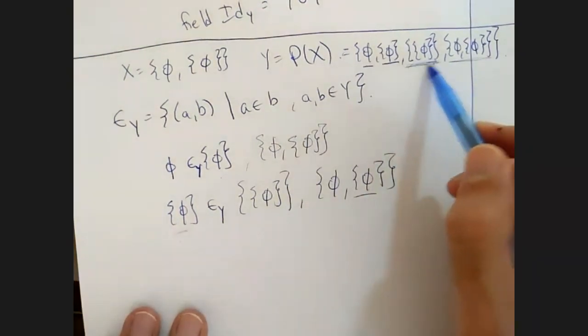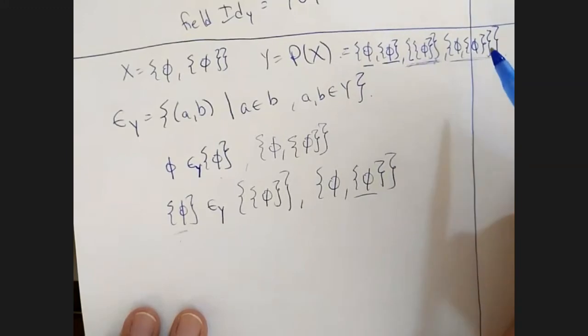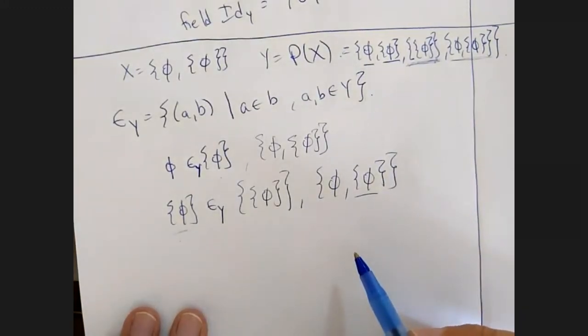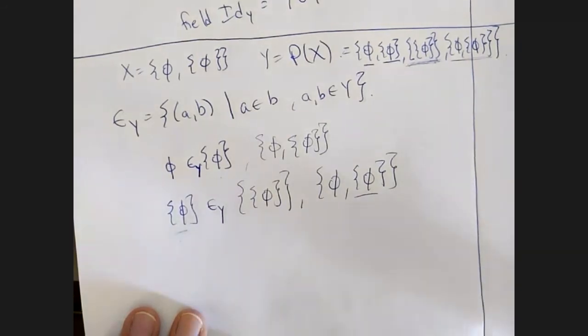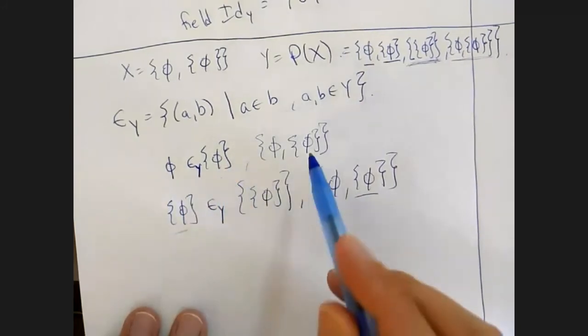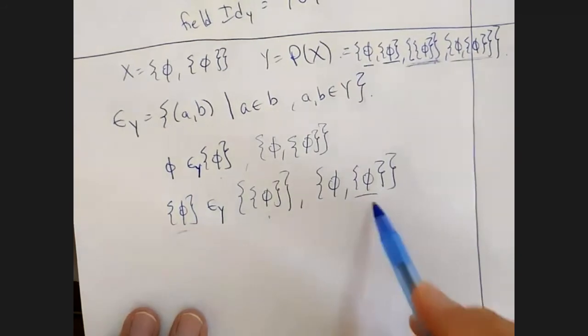This is not an element of any of the other elements, and neither is this. So this membership relation describes four relations basically. The empty set is an element of these two sets, and the singleton containing the empty set is an element of these two sets, and that's it.